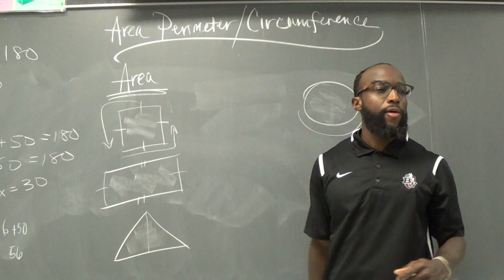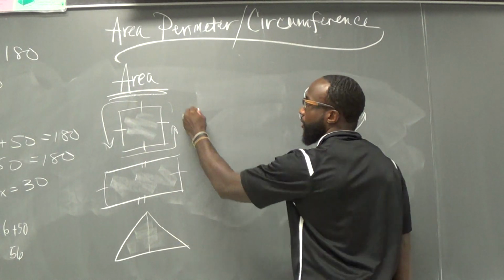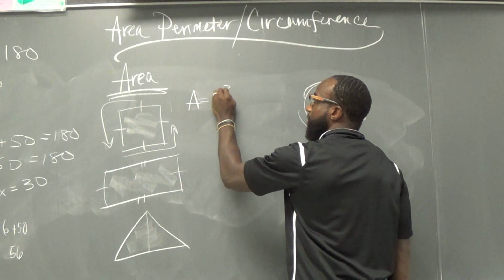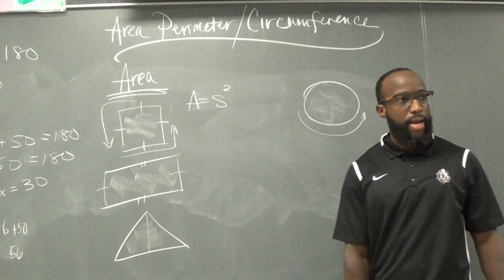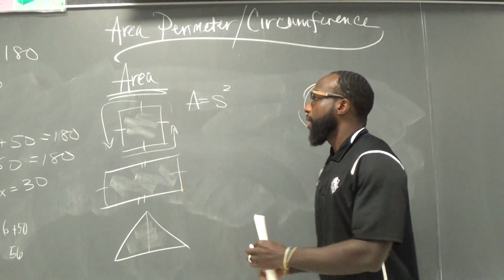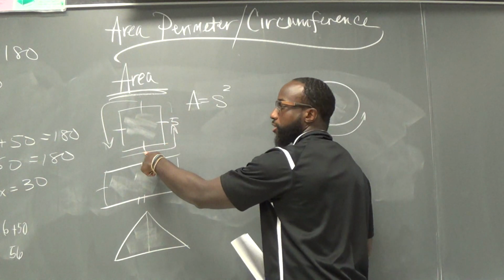All right, so here we go. A square. All the sides are congruent. So the area of a square is going to be the side to the second power. You can say side to the second power for a square because, for instance, if this side is 5, this side is also 5.